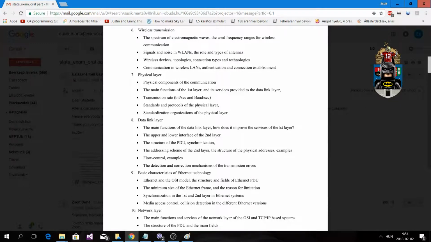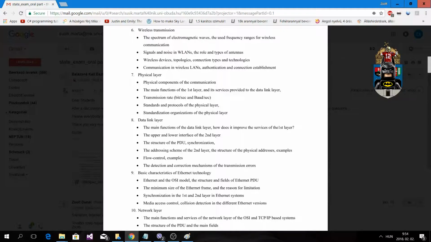These can be copper, optical, or wireless transmission, and of course the electrical and procedural means in order to work this together, because the cables require, for example, connectors or other stuff at home or within a network, or the wireless requires other devices that will help to transmit and receive the signals.